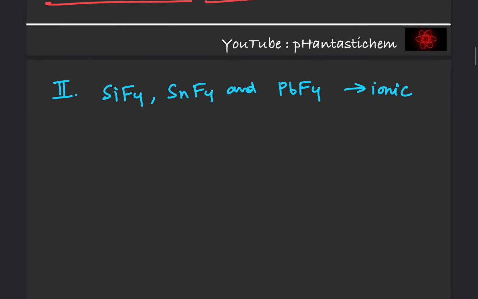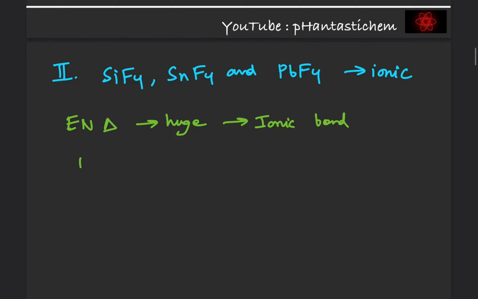If the electronegativity difference between the two atoms is huge, they result in a predominantly ionic bond. If the electronegativity difference is less, or comparable, it results in a predominantly covalent bond.